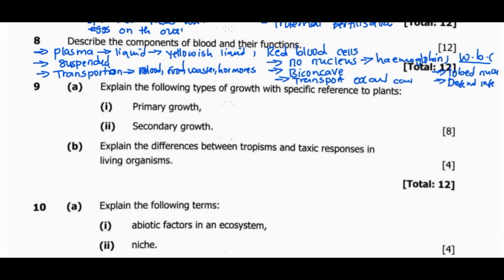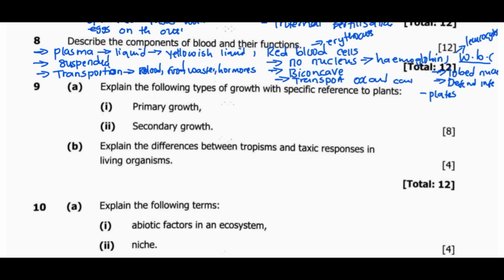Then sometimes you may also encounter the biological name for white blood cells. These are known as leukocytes. Then for red blood cells, we have erythrocytes. Then the fourth component that we can look at here is platelets.